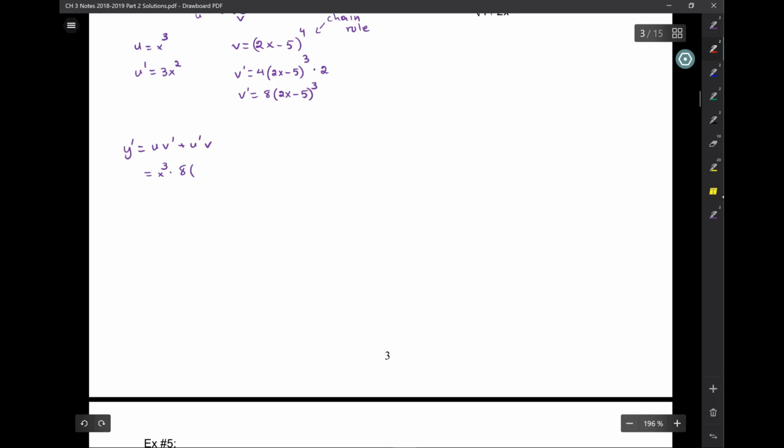So here the 4 came down, so I got 4 times this to the power of 3. Then I had to take a derivative of the inside. Okay, so it's x cubed times 8 times (2x minus 5) cubed plus 3x squared times (2x minus 5) to the power of 4.